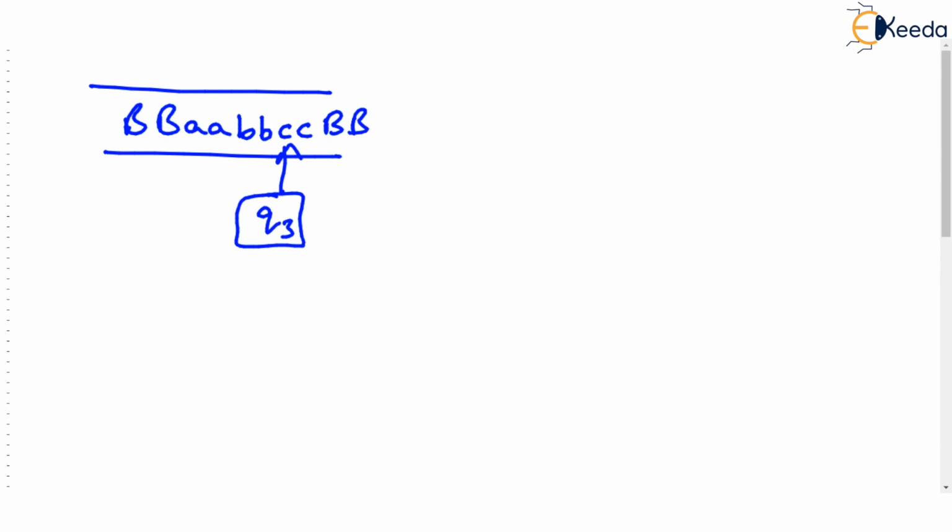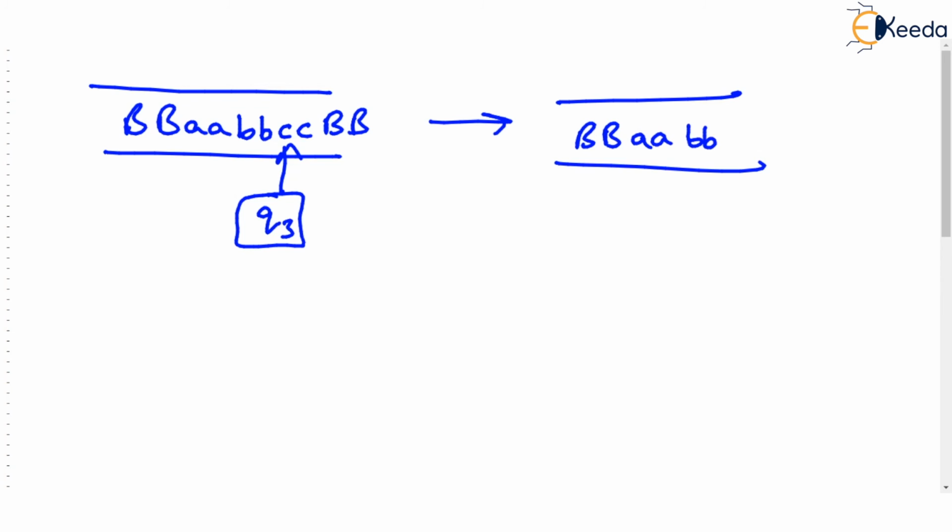Let's say the input configuration is like this, and currently maybe we are in Q3 state, and what has been done is that we have moved back and we are in Q2 state.